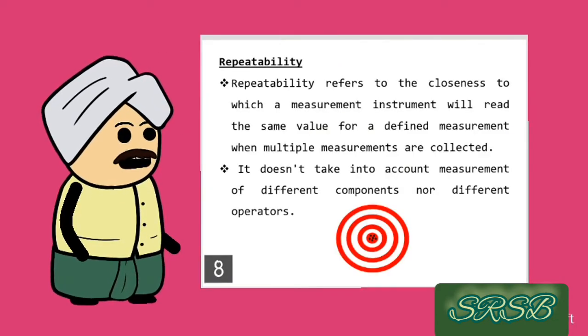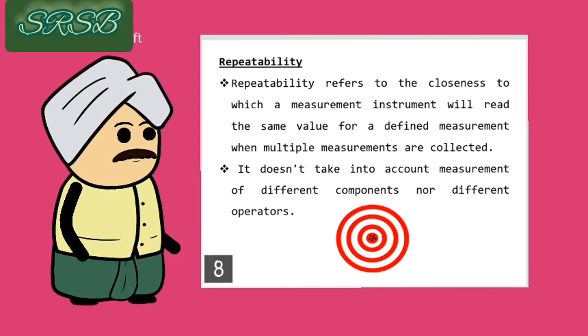Repeatability is defined as the closeness with which a measurement taken from an instrument gives the same value when multiple measurements are collected. So you have to confirm whether the instrument performs well, take the readings, and take the average. It does not take into account measurements of different components or objects.